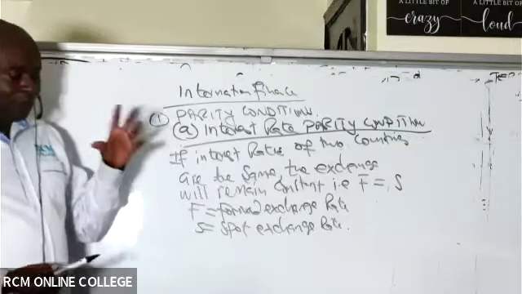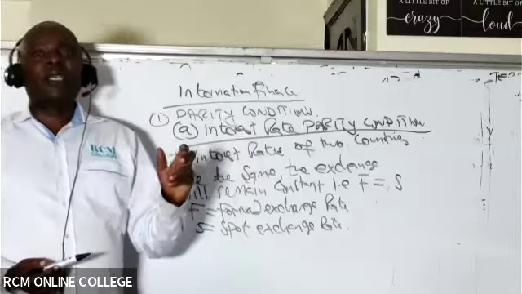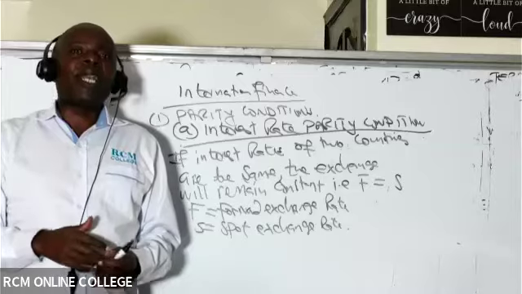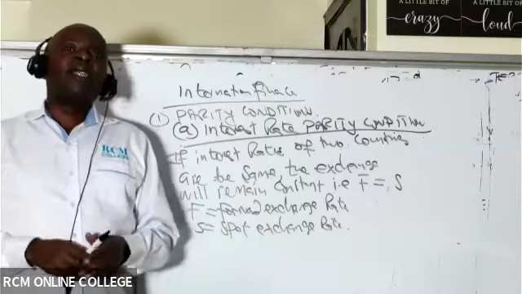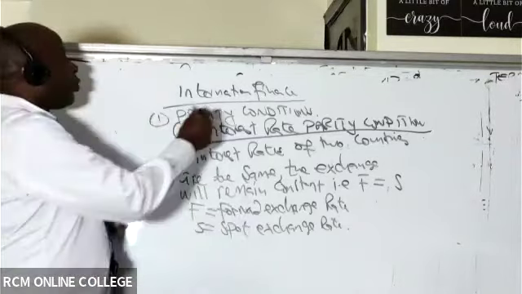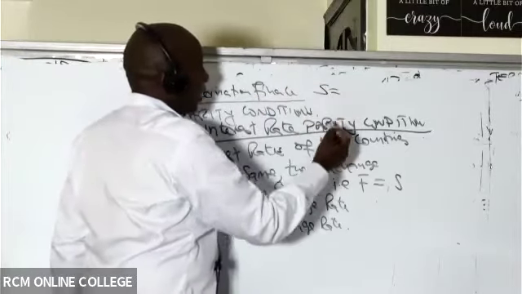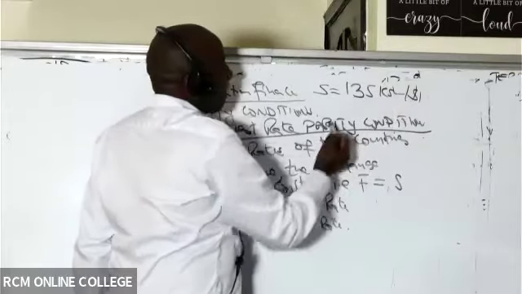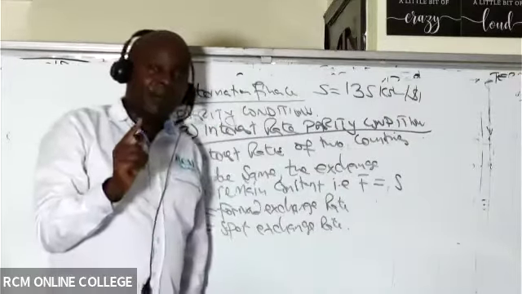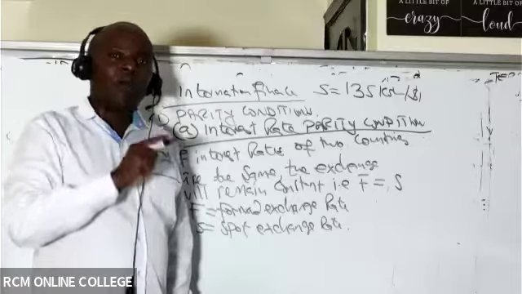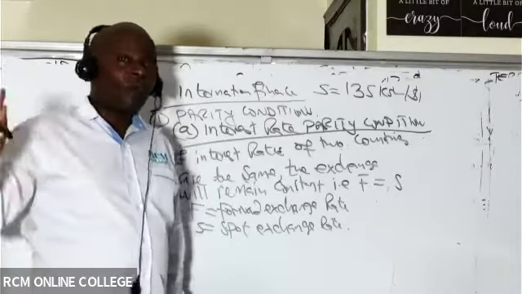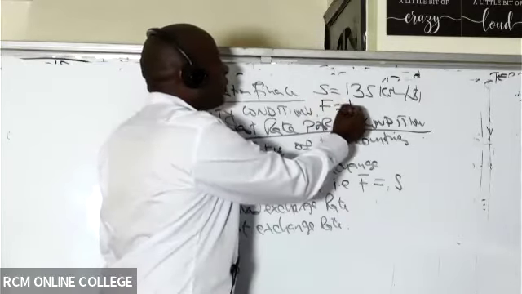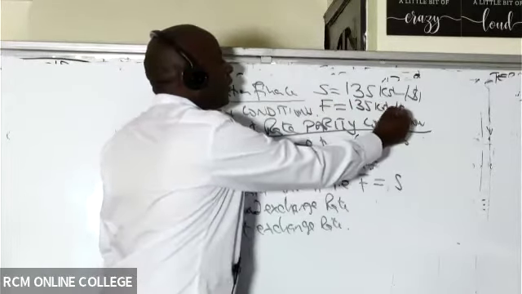If, for example, the inflation rate in the US is 10%, and the inflation rate in Kenya is also 10% for a whole year, it means that if today's exchange rate is 135 Kenya shillings per dollar, then come the end of the year we'll still have the same exchange rate.